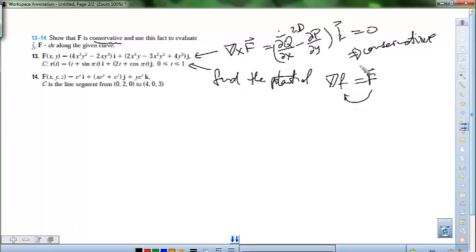You take the antiderivative to find the original little f, which is saying that the big F is a gradient of little f. And so once you do that, you really just compute the endpoints, use the fundamental theorem of line integrals, and then evaluate at the endpoints.